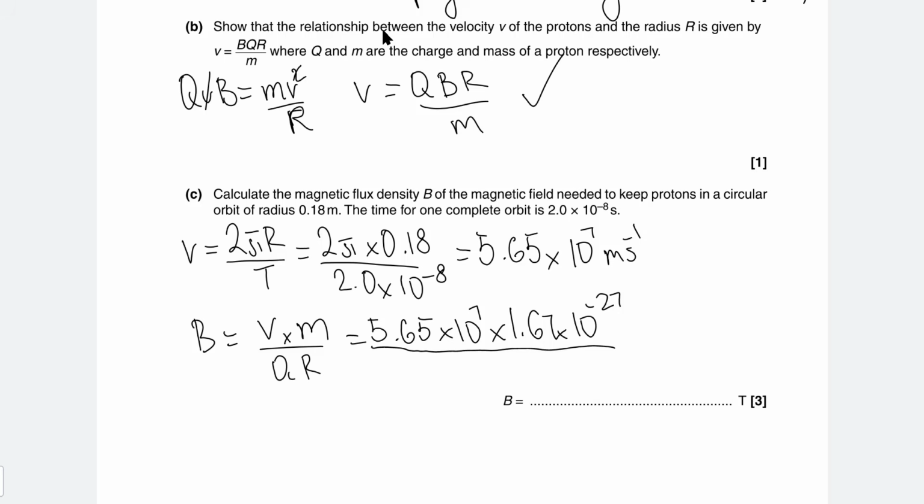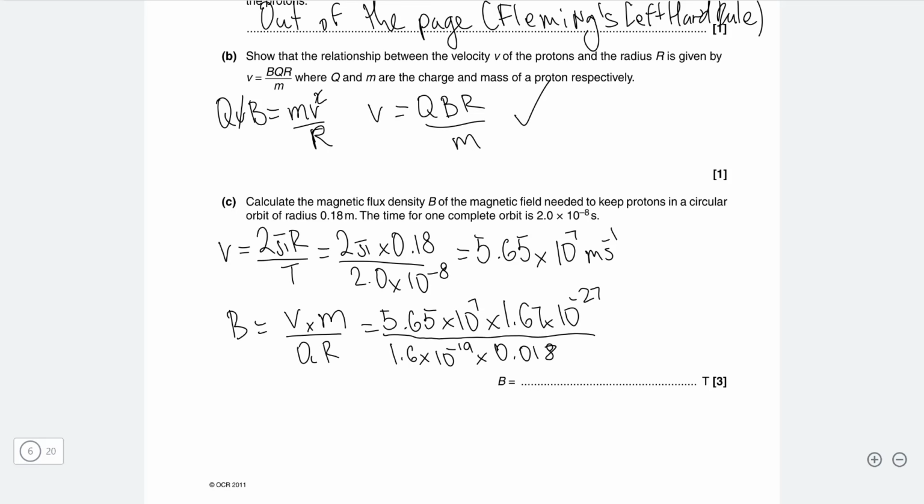Now let's divide that by the charge, which is 1.6 times 10 to the power of -19, and the radius, which is 0.018. Oops, we've got a little mistake. Let's correct that. The radius, of course, is 0.18 meters. Let's plug this into a calculator, which gives me a value for B equal to 3.276, so let's go with 3.28 teslas.